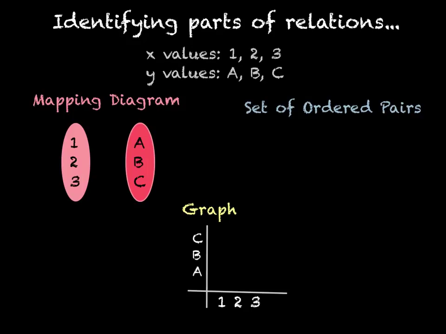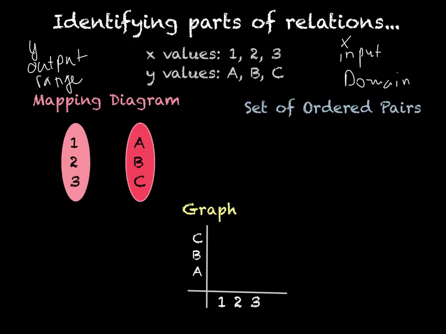As long as we know that x's, inputs, and domain are the same, and our y's, our output, and our range go together, then we should be able to match anything up using any of these terms.